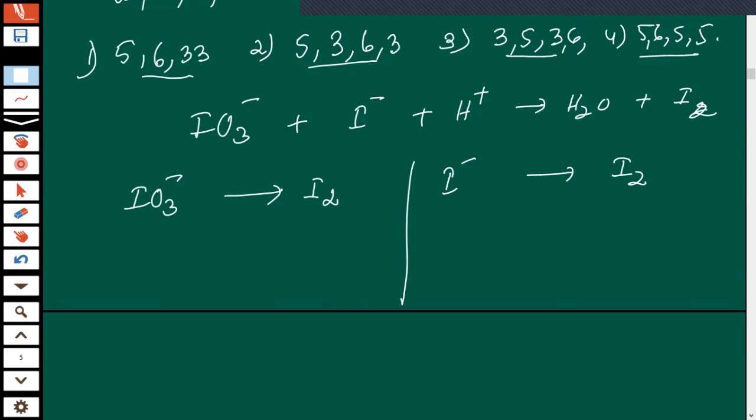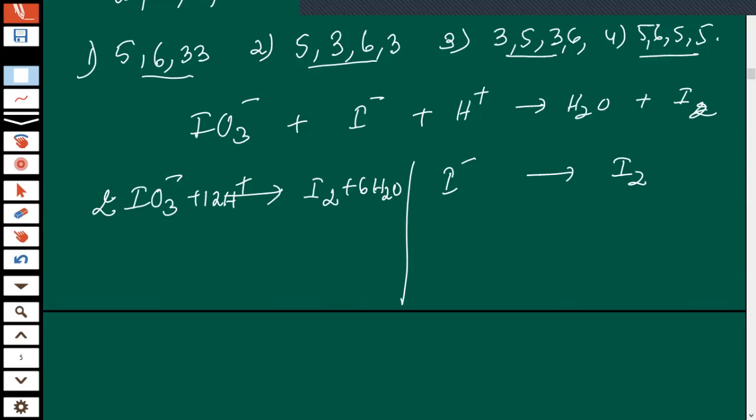Here two I's are there, so write down 2 over here and balance 2 in iodine. Then balance oxygen: 3 times 2 is 6, so 6 H2O. Then 12 H plus.